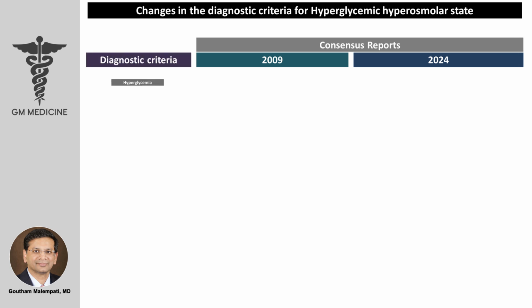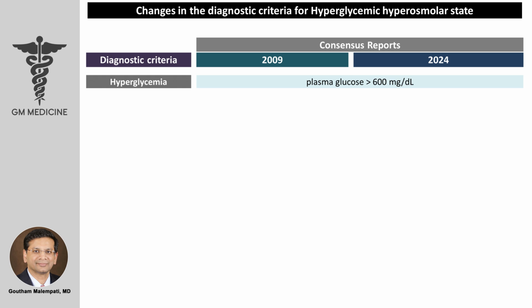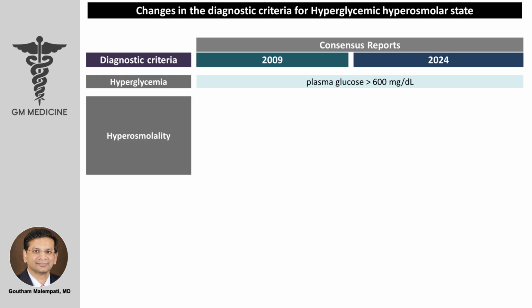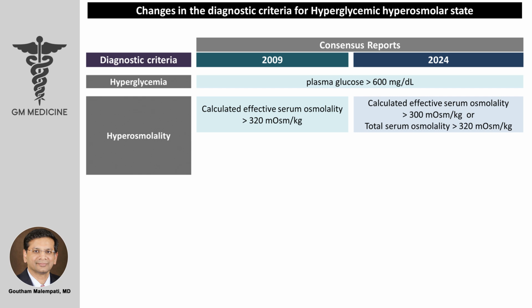For hyperglycemia, it was defined as plasma glucose greater than 600 milligrams per deciliter, both in the 2009 consensus report and the 2024 consensus report. Hyperosmolality is defined as calculated effective serum osmolality greater than 320 milliosmolar per kg in the 2009 report, whereas in the 2024 report, the calculated effective serum osmolality is greater than 300 milliosmolar per kg or total calculated serum osmolality greater than 320 milliosmolar per kg.